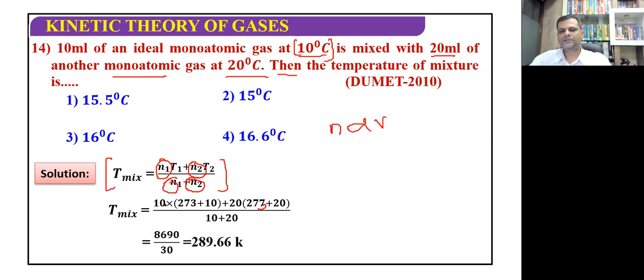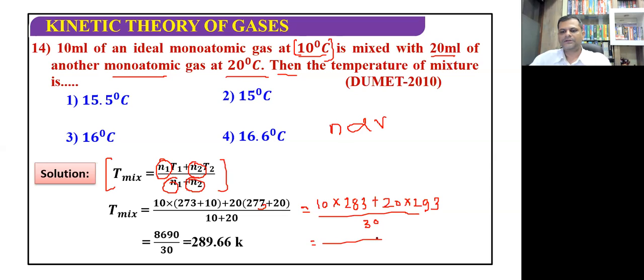Okay, so from the calculations we will get this answer, that is 10 into 270, this will actually be 10 into 283, correct, plus here it will be 20 into 293, right, that is to be whole divided by 30.